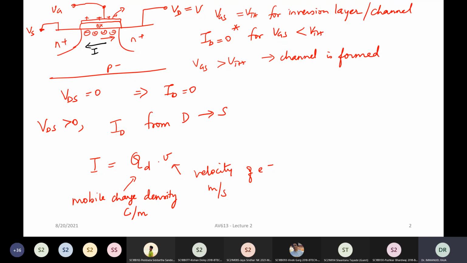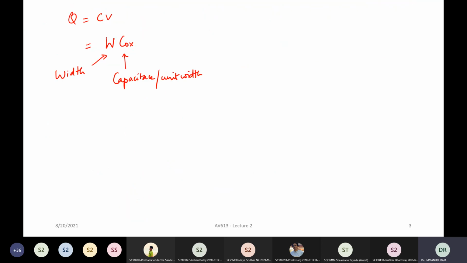So width times Cox is going to give you the total capacitance of the channel per unit length, right?